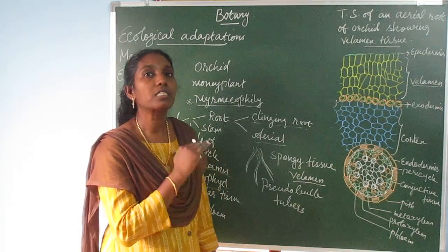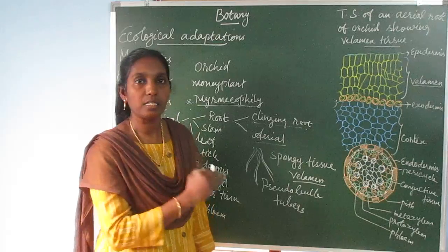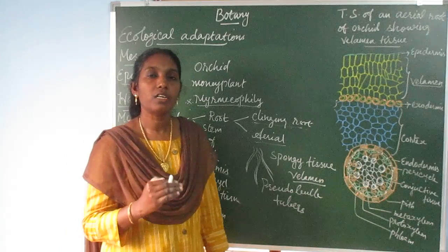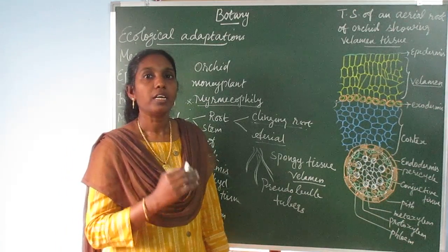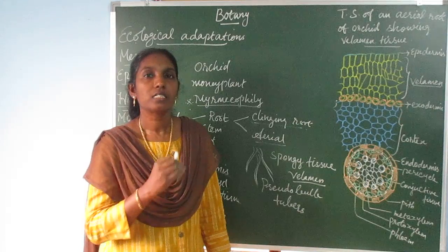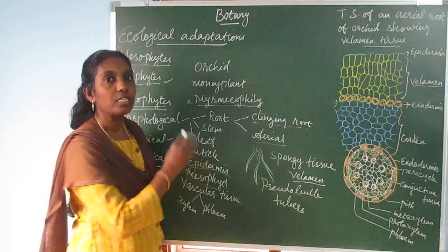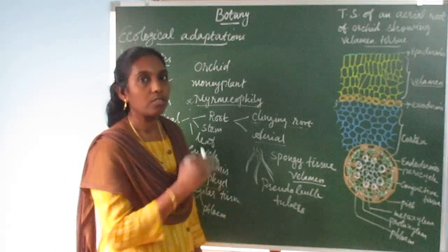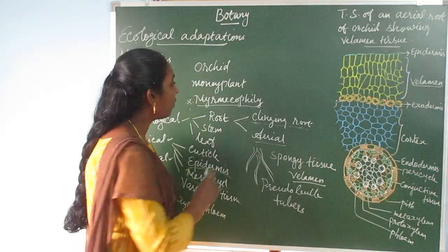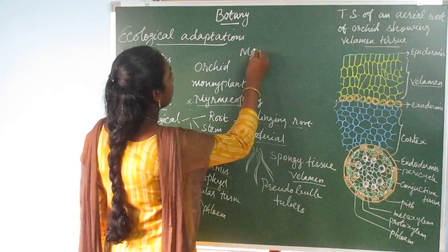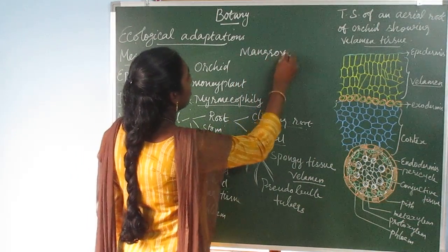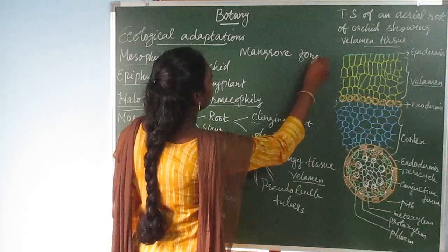The plants never absorb the salt water directly, so physiological functions are required to filter the salt water. In this condition the halophytes grow. In such areas the plants are named mangroves, or mangrove forest.